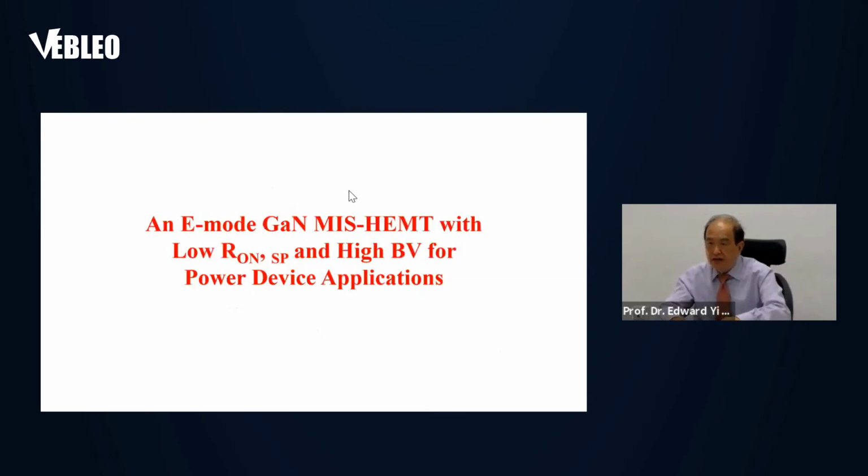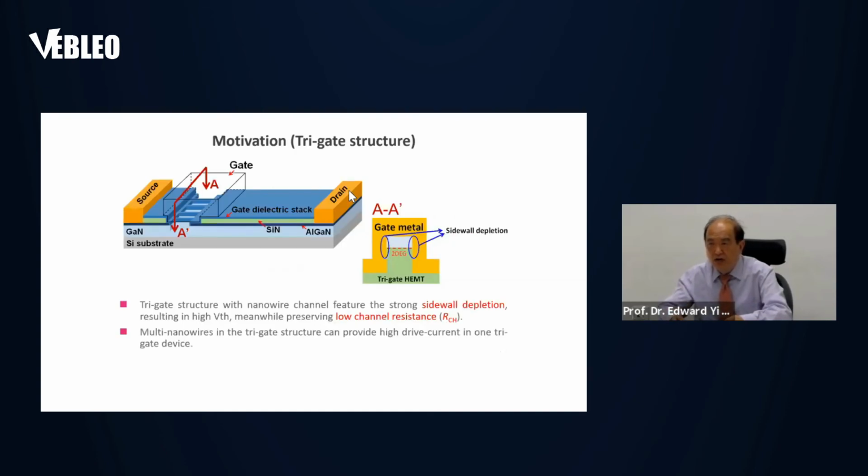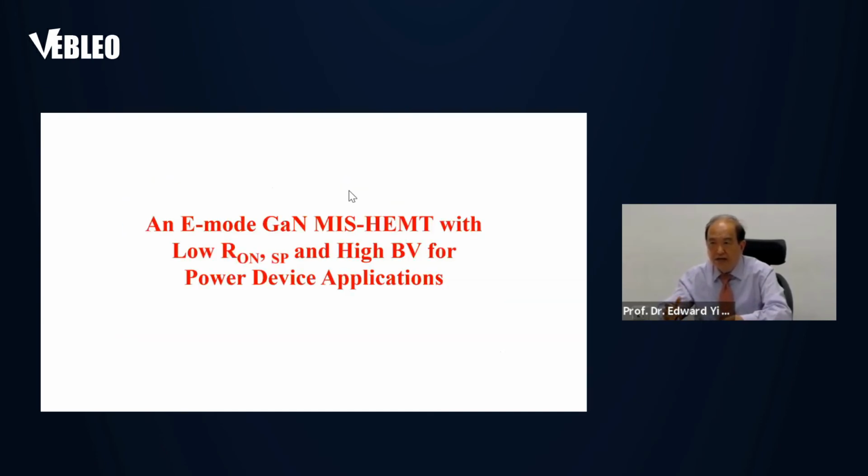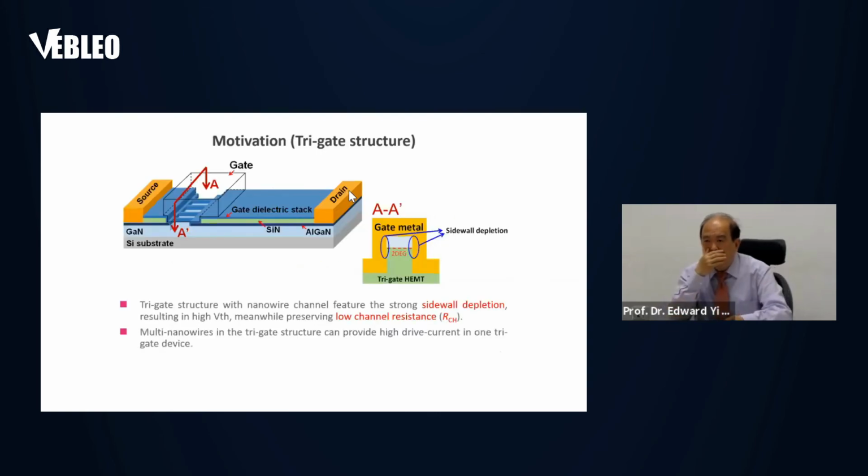Okay, and then we can also apply this to FEG-HEMT, and get low RON and high breakdown voltage. In this way we use tri-gate, as the picture shows.